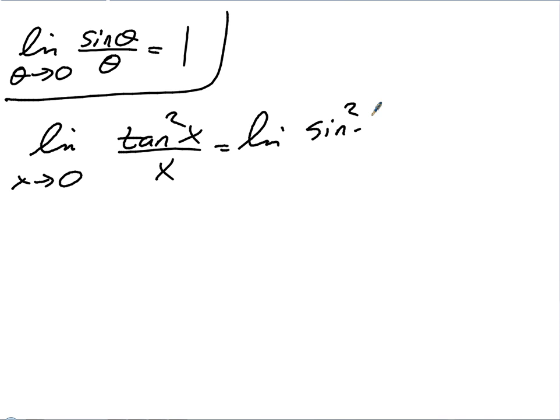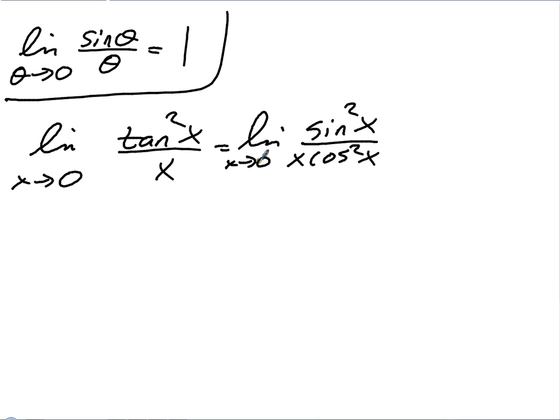Okay, sine squared x over x cosine squared x. Good. And now what? My goal is to somehow regroup this thing, keeping in mind that multiplication is commutative and associative, right?